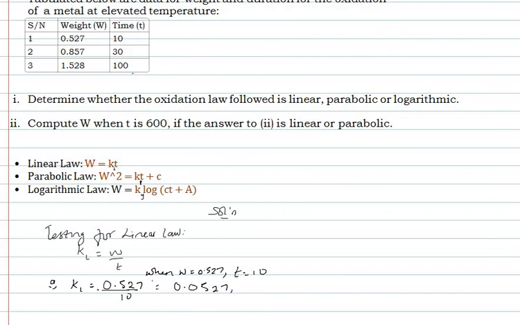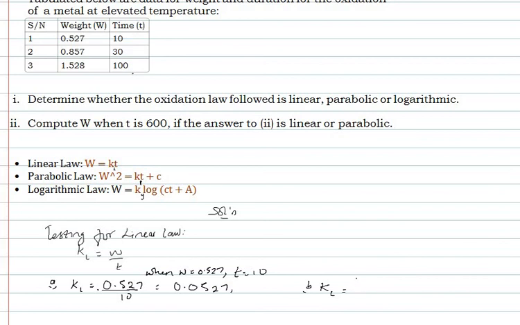So for the second test, that's B, KL is equal to, now take maybe the third one, and here it will be even easier for us to determine whether it's the same because 10 and 100 are multiples. So typically if it were following the linear law, then the values of our weight in 1 and 3 will actually be similar, just maybe a difference in the position of the decimal place. But anyway, let's calculate it and see.